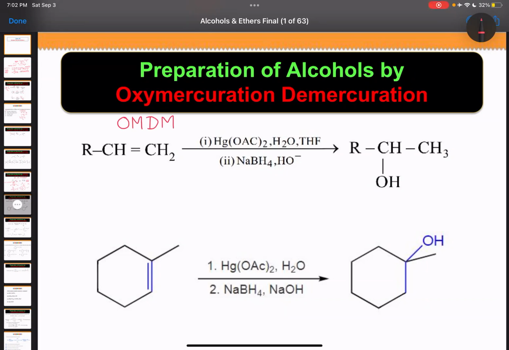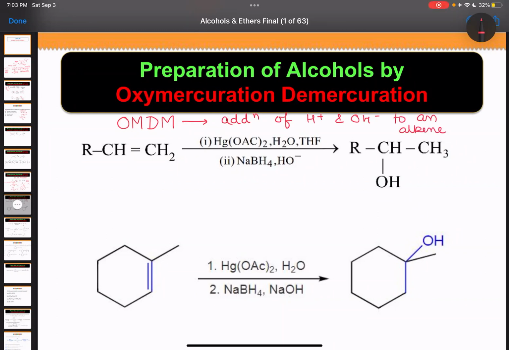Oxymercuration demercuration. And what's the advantage? Let me tell you the key point. It is the addition of water to an alkene in a Markovnikov way.